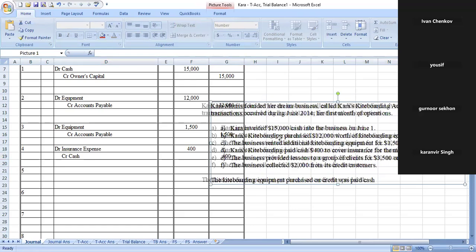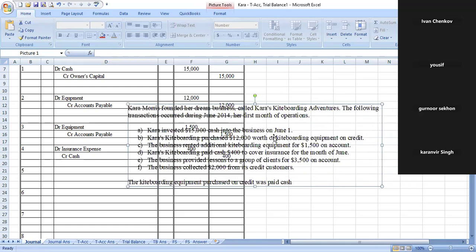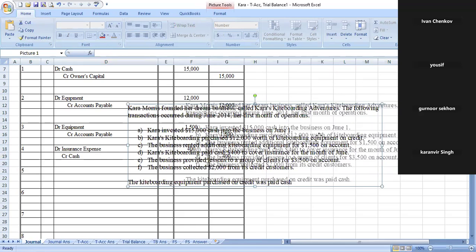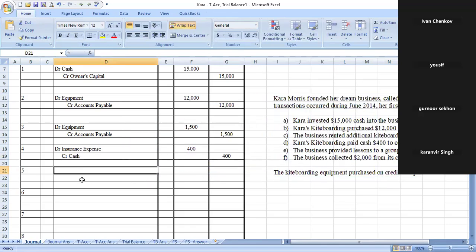Next one. The business provides lessons to a group of clients for $3,500 on account. Now, what we're doing right now, we finally start providing the services. We finally start generating the revenue. Did we collect the revenue? No. Which account are we gonna debit then?